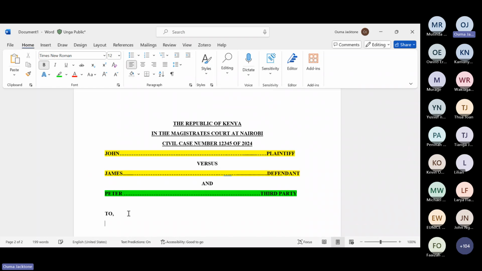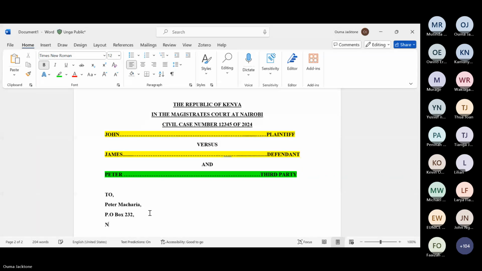So to Peter, let's say Macharia, PO Box 123, Nairobi. And then you're going to have your third party notice.